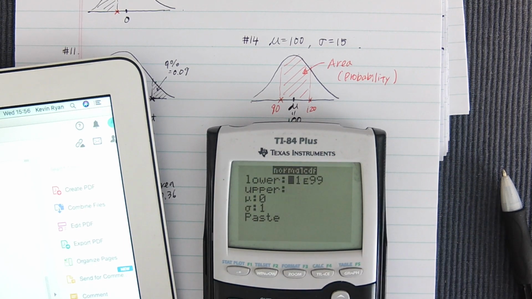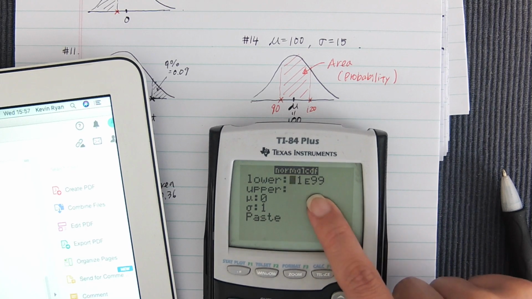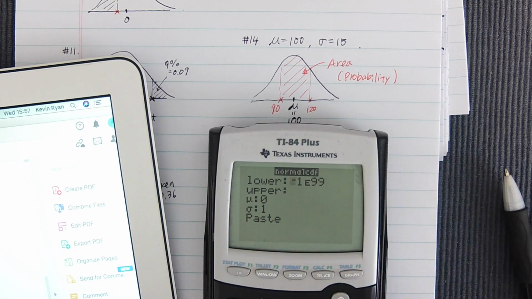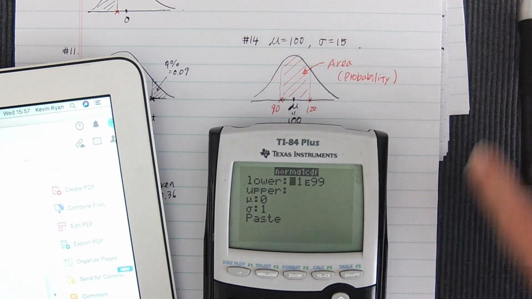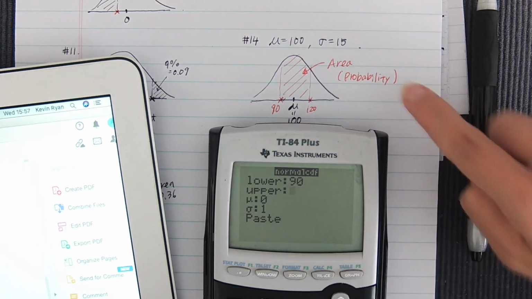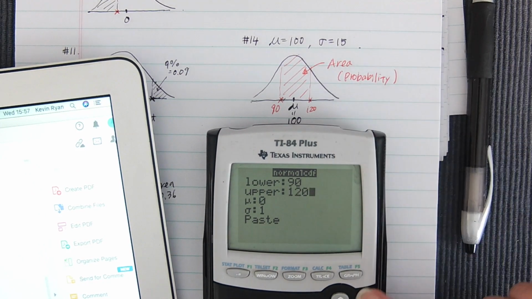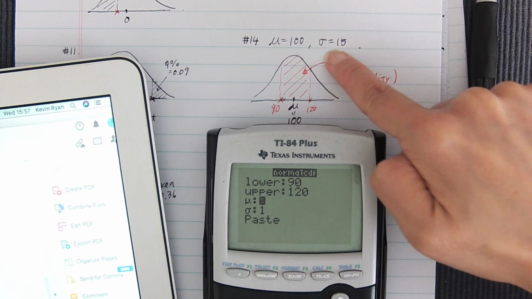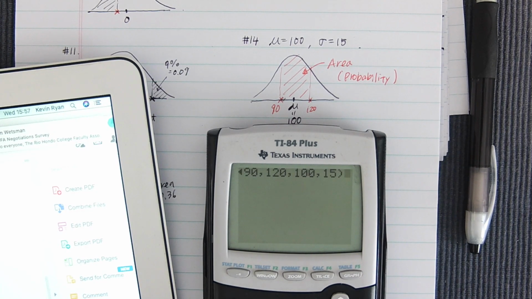What number should I type? What's my lower? What's my upper? The lower number is 90, right? Then upper is 120, right? That's the highest I can go. And then the mean and standard deviation, 100, then 15. Get that? That's it. This is your final answer.